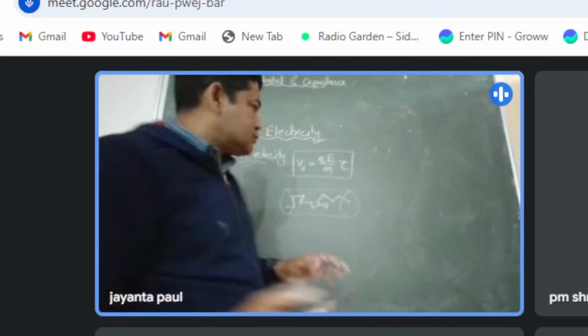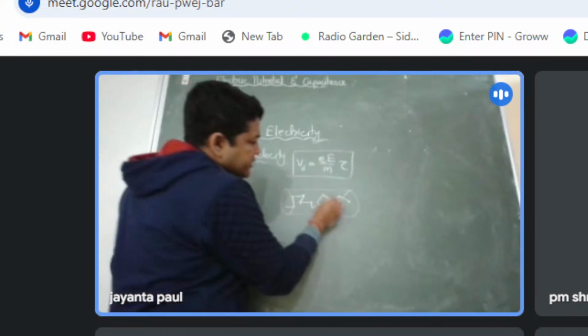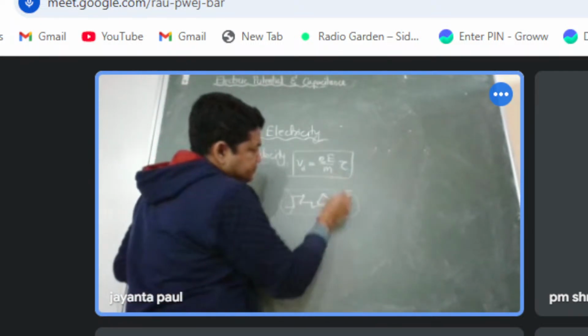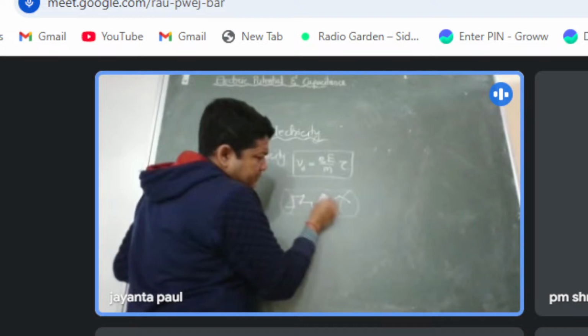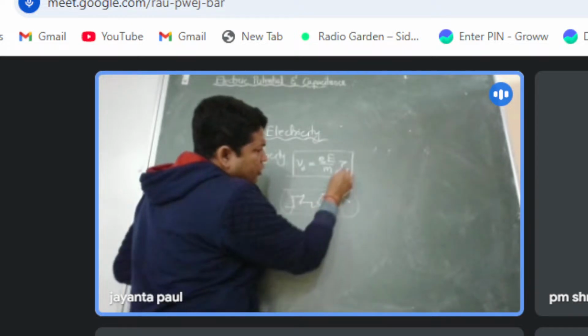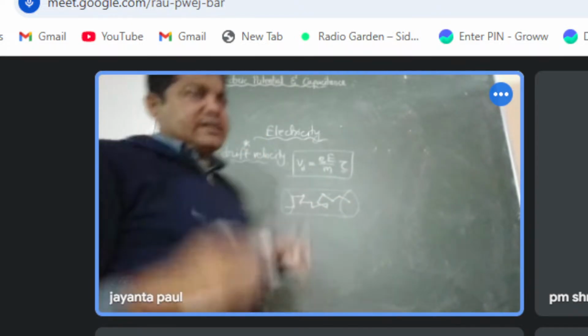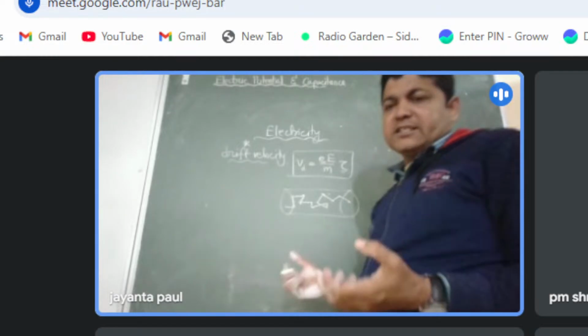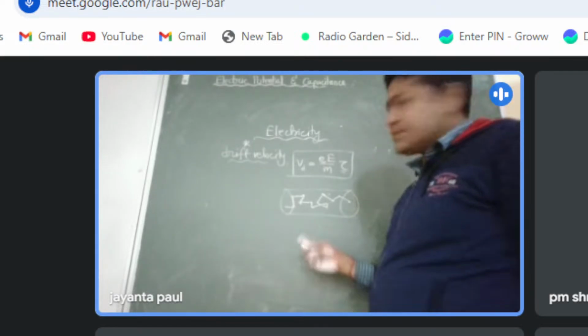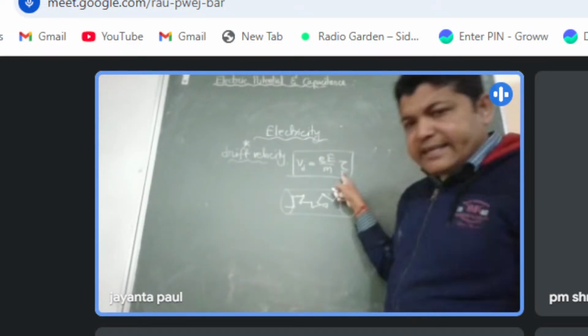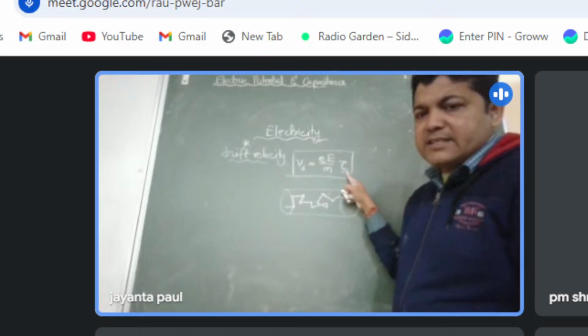Between two consecutive collisions, the time taken is called the relaxation time. The average of all such relaxation times is called the average relaxation time.